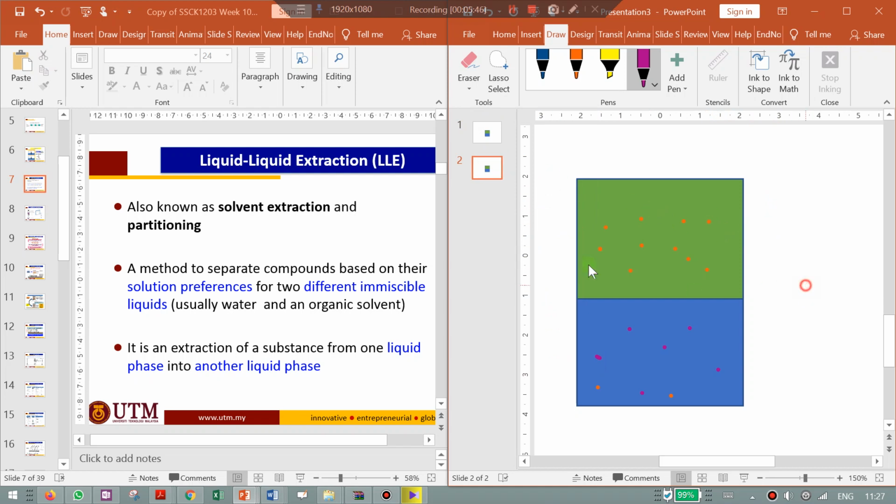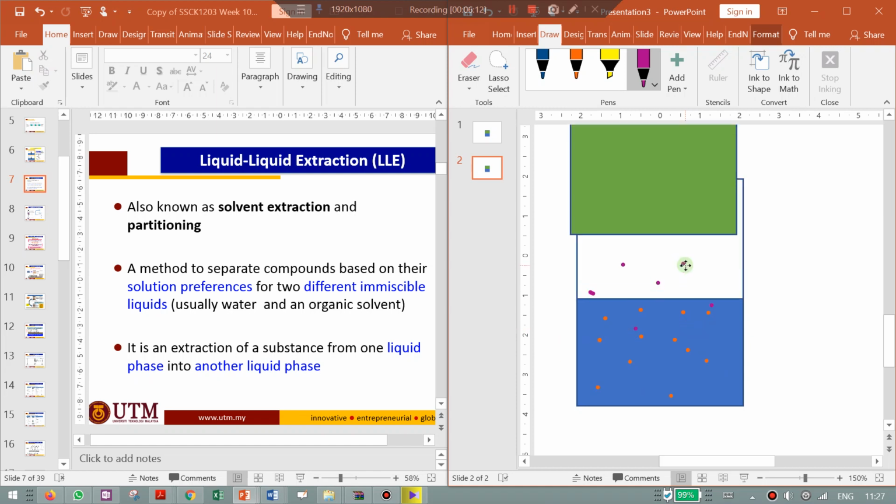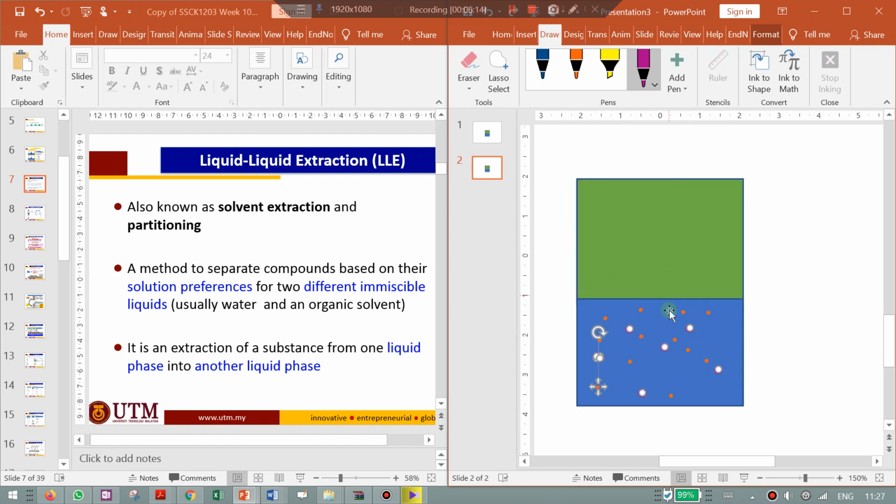It's inside your sample, inside your water, but you want to remove the impurities. So what you can do is you put your non-polar solvent, and the non-polar impurities will go to the non-polar solvent. So you can use the water inside here for the analysis.